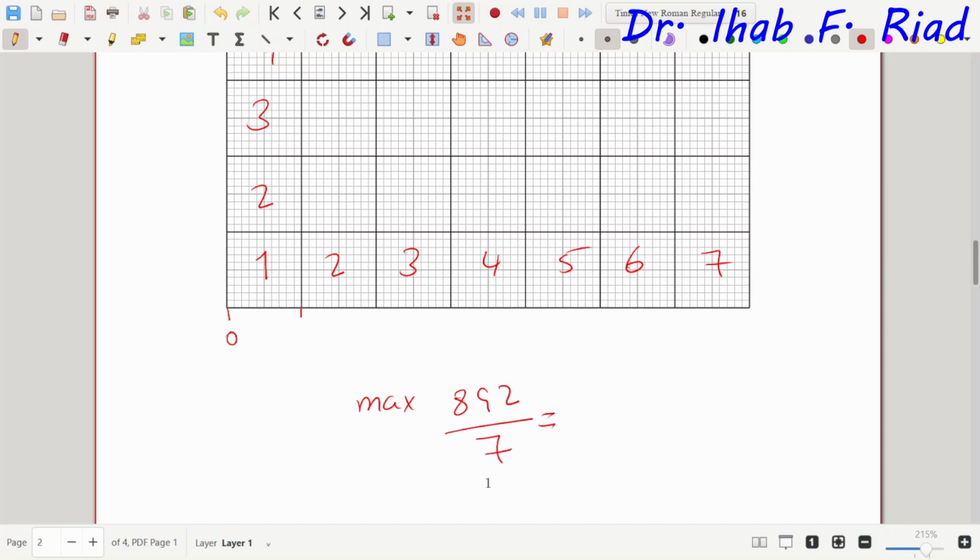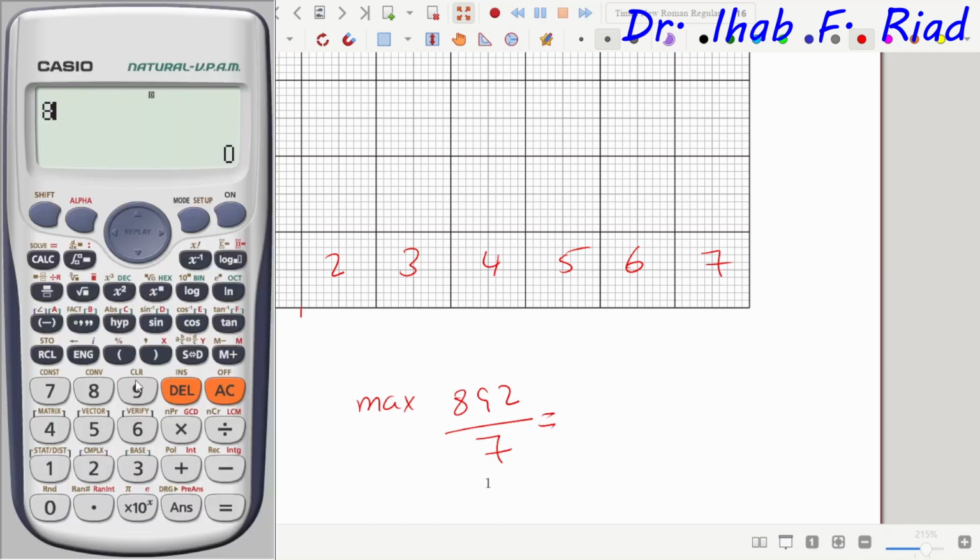What is this value? Let us get our calculator. 892 divided by 7, we get something like 125.